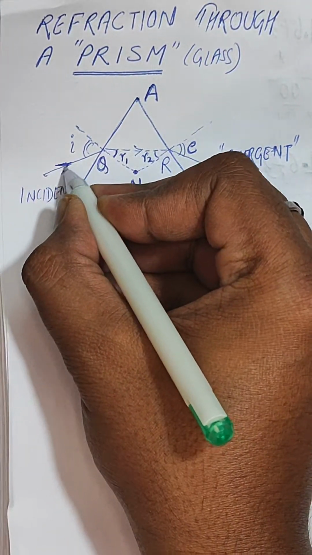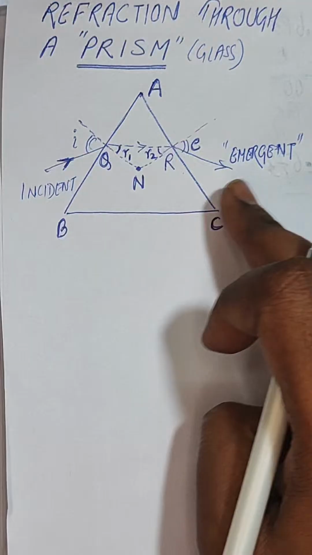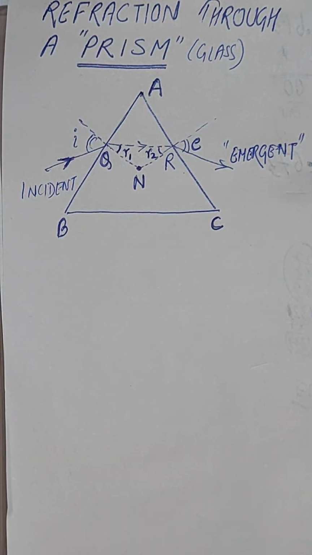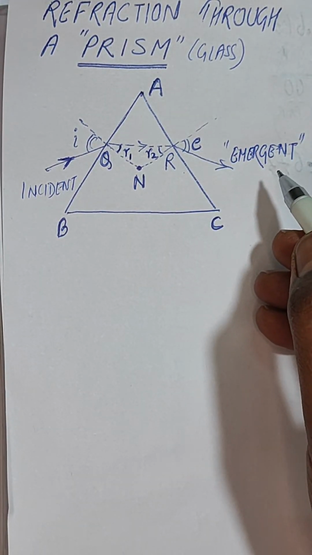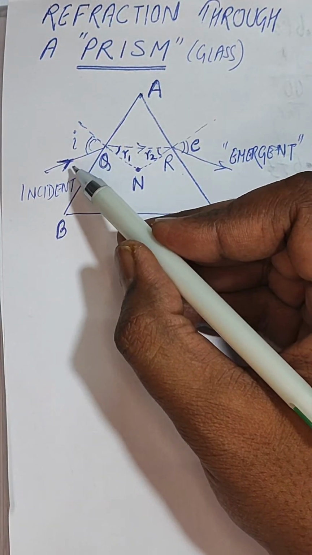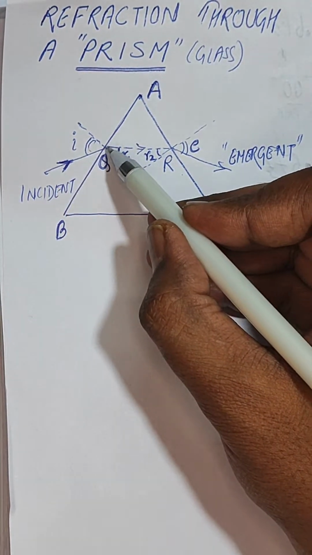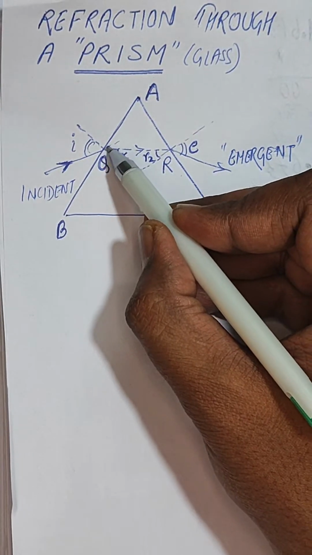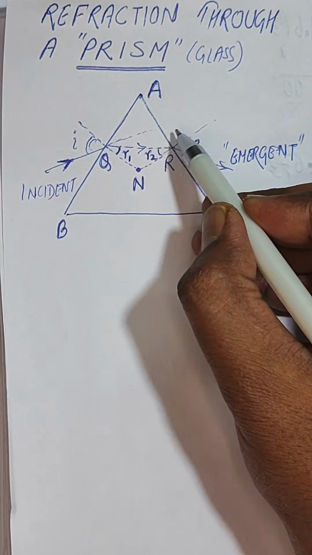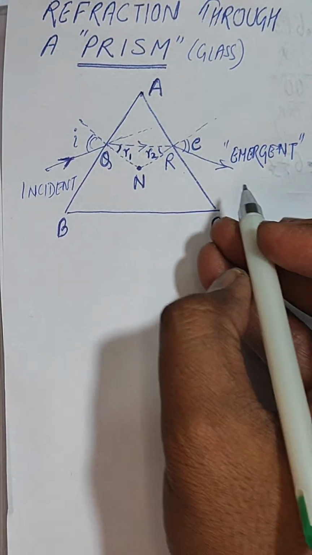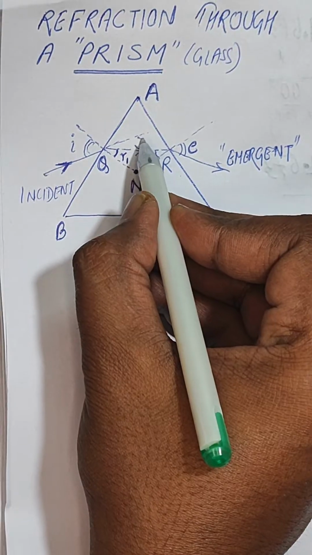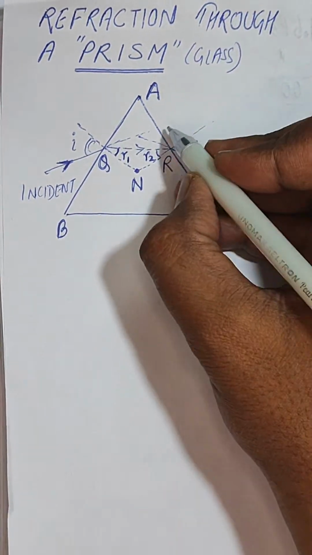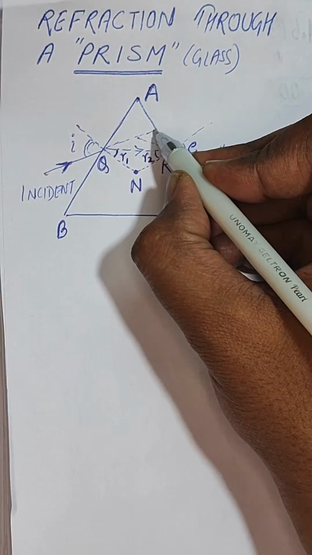The angle between the emergent ray and the direction of the incident ray, if you extend it like this, the incident ray and the direction of the emergent ray, then this angle will give you a certain deviation.